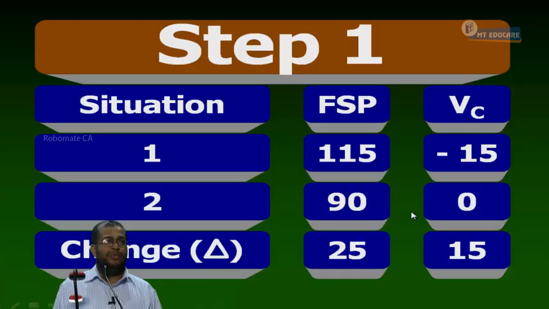The option value can either be 15 or 0 after 6 months. So, always understand the context. Here when I say value, I mean what value? Future value. The option value can either be 15 or 0 after 6 months.